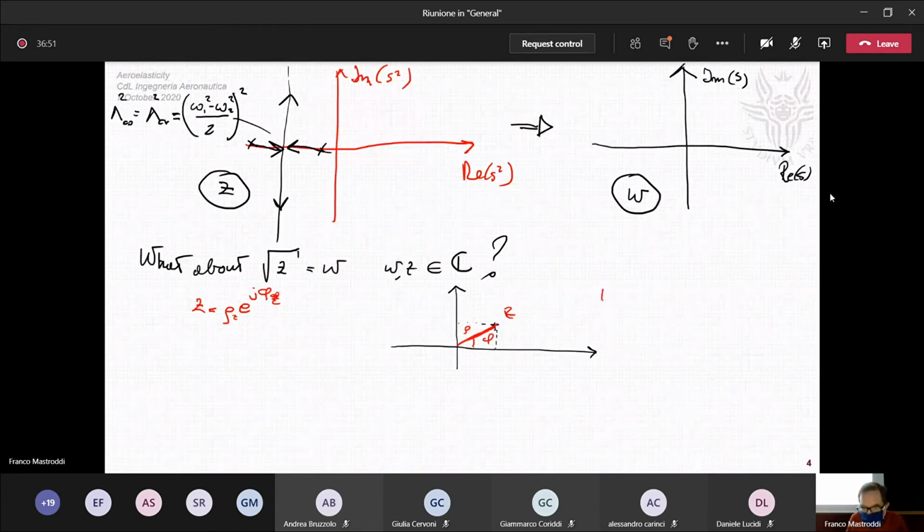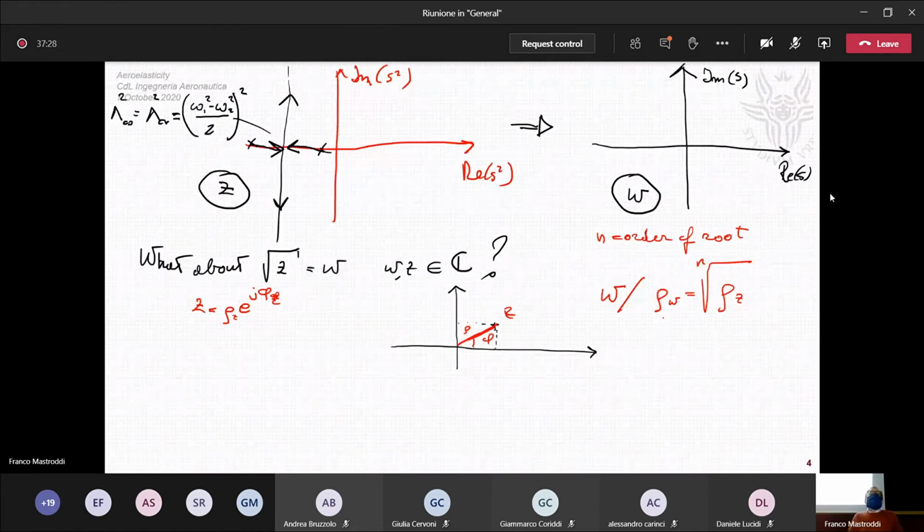W is a number such that the amplitude of w is the nth root of the amplitude of zeta. This is the first point. n is the order of the root. Okay? And what about the phase?